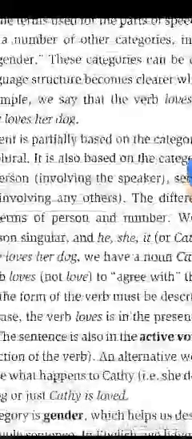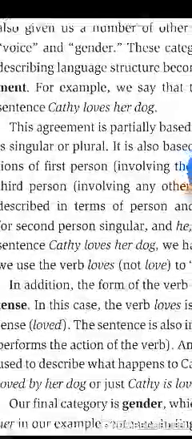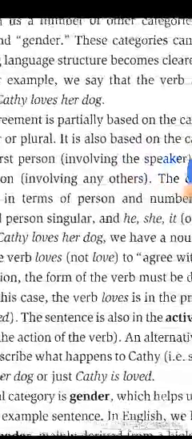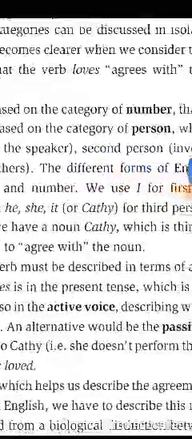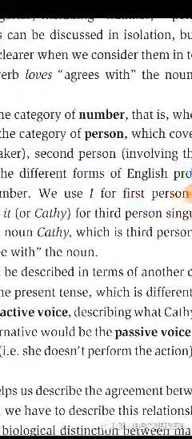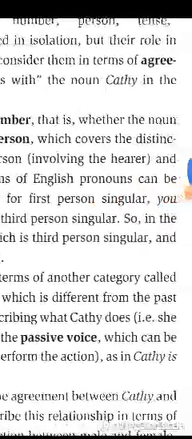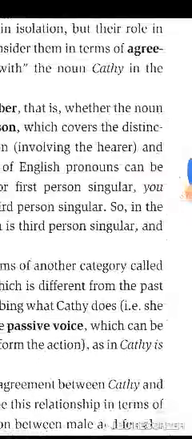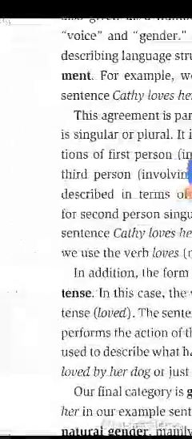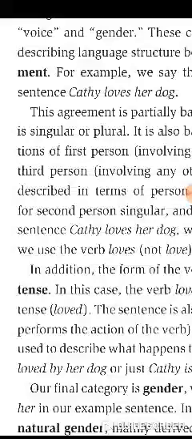So this agreement, the next paragraph says, is partially based on the category of number. So what does number mean? Well, that is whether the noun is singular or plural. You have to know that many languages have singular and plural, like Arabic, like Farsi.